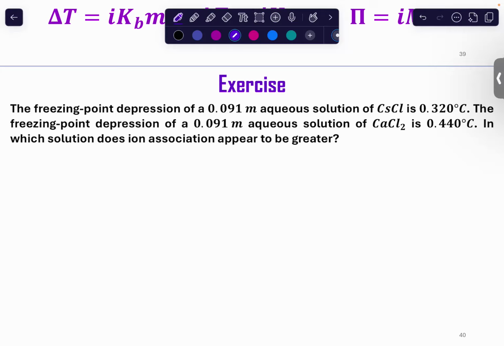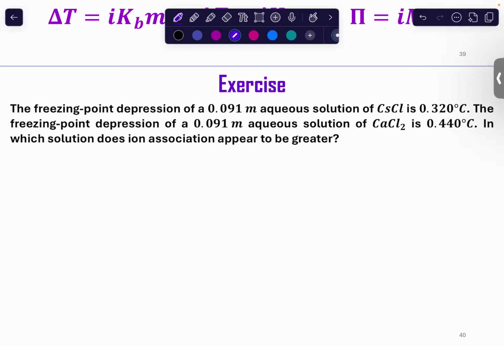The freezing point depression of the aqueous solution of CaCl2, so calcium chloride, is 0.440 degrees Celsius. So in which solution does ion association appear to be greater? So you have calcium chloride and cesium chloride. You put them in solution, they're going to dissociate, but you're going to have ionic interactions. In which one of those solutions are you going to get a stronger ionic interaction?